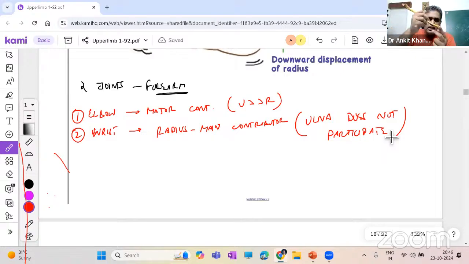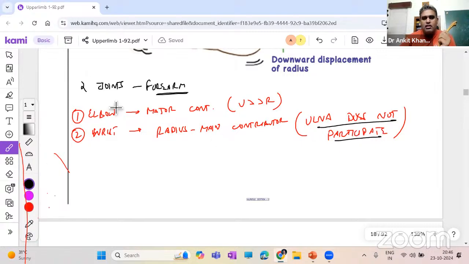So this bone does not directly form the joint. Even if you look at an X-ray, you will always see that there is a gap below the lower end of ulna. It is not directly in contact with the carpal bones. While in the radius case, they are very close to each other. So ulna does not technically participate in the formation of the wrist joint.